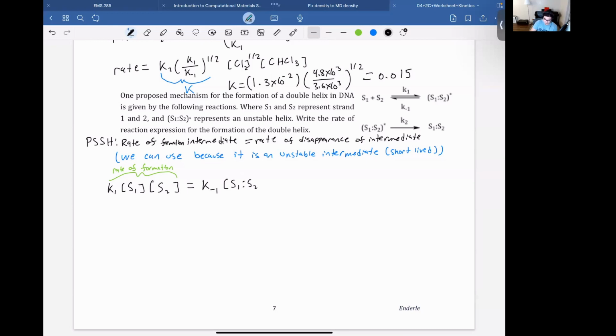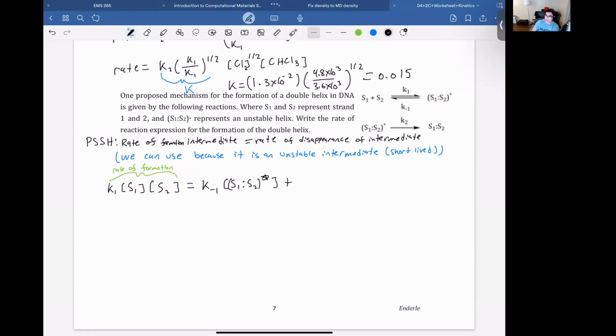thing. These are in parentheses. There's a star here, right? That's the rate from the first reaction. But there's two rates, right? Because we're going to have to add these up. The first rate is it going back from this first reaction, saying, I don't like this. I'm just going to go back. The other thing that can happen is that it moves forward and forms the stable double helix. So you have that first rate of disappearance going backwards. You also have the rate going forwards, right?